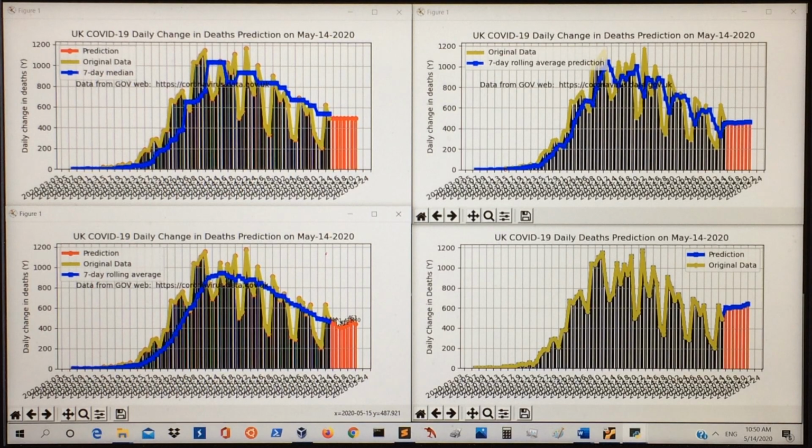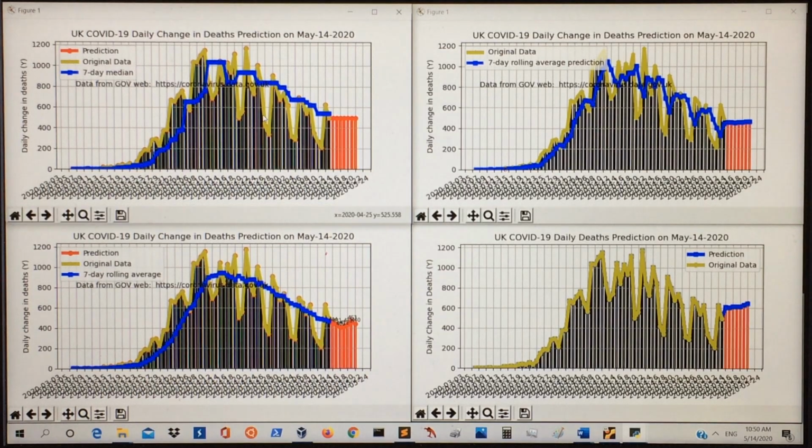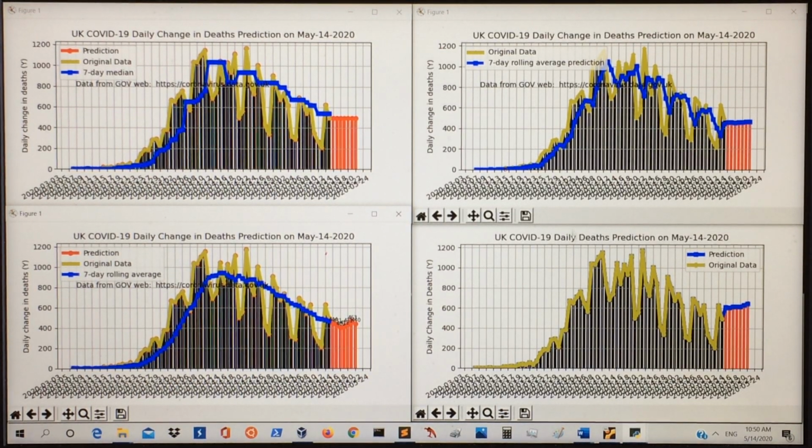So it also predicts lower deaths. So I go with this prediction currently. But against this, it doesn't cut out outliers like the median, as I said before.